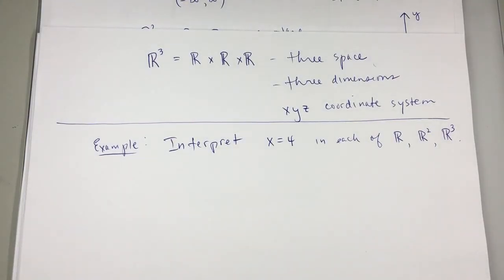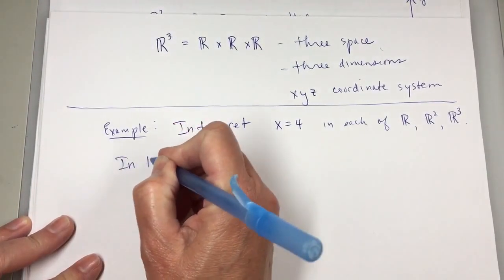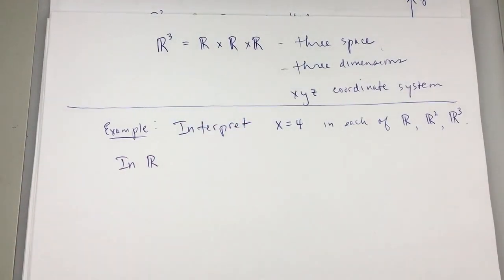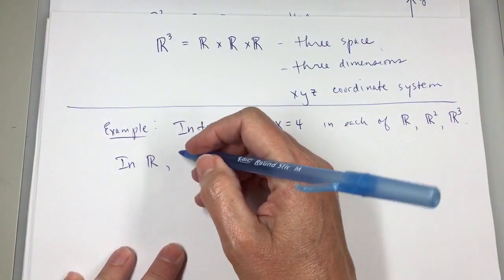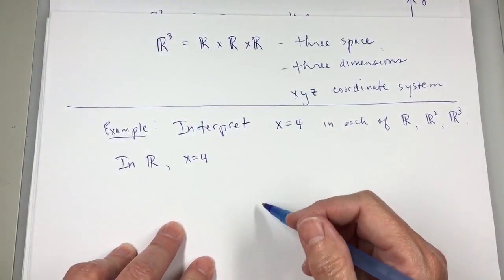When I say interpret it, I'm thinking interpret it geometrically. So in the real numbers, this was your 8th grade or 9th grade class. What was this? When they said graph x equals 4, what was it?